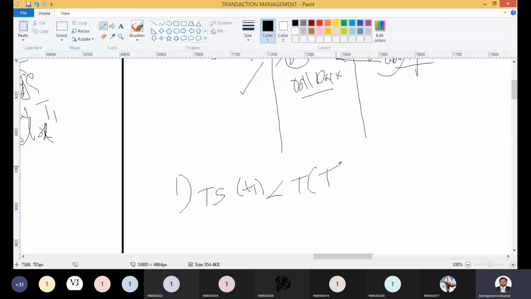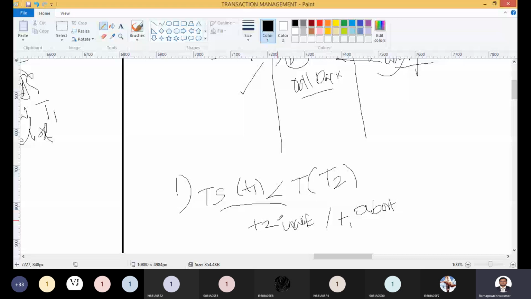Then T2 will be in a waiting state and T1 is aborted.